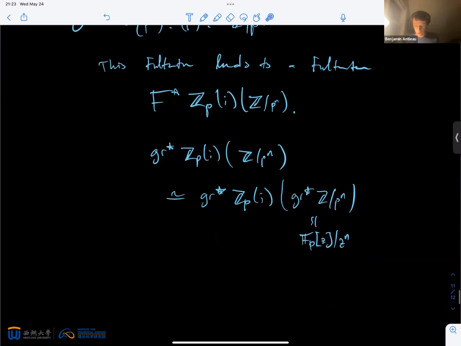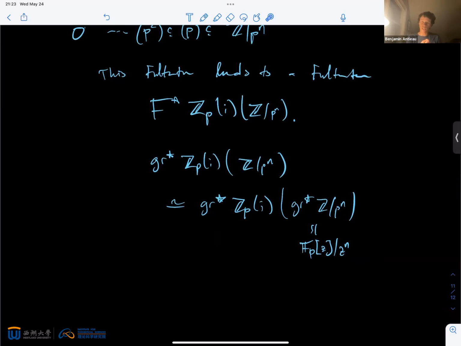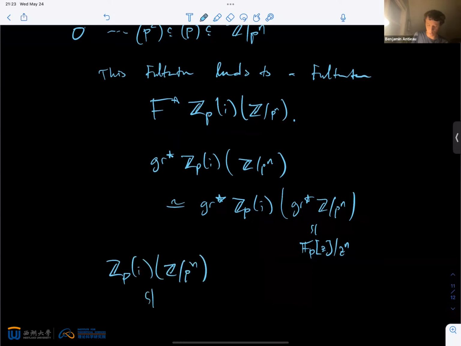And in particular, it's finitely generated, and one can figure out that in high filtration weights, everything goes away. So specifically, what you can figure out is that Z_p(i) of Z mod p^n is actually equivalent to just the filtration part going from 1 to in minus 1.